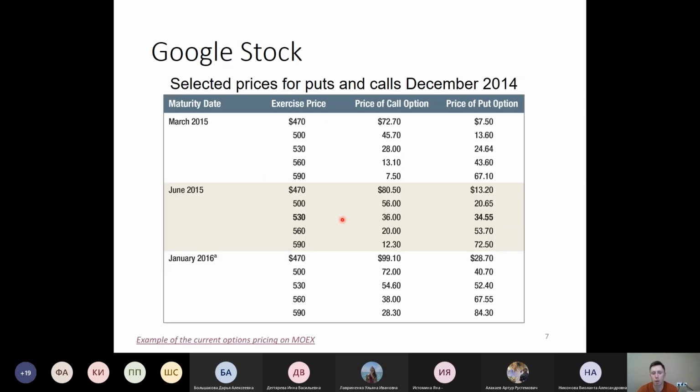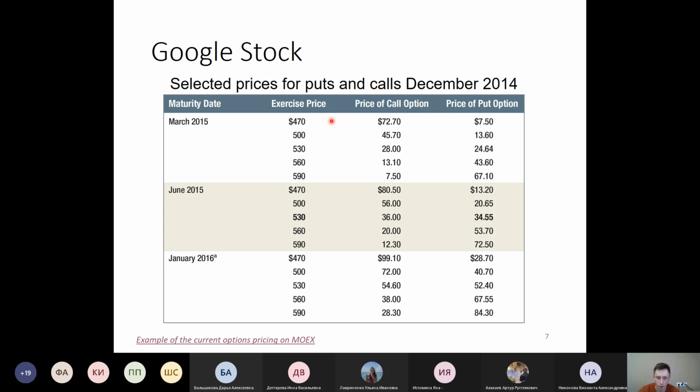Here is the example of the pricing of the options. So we have how it's organized. We have a set of options with the different exercise prices. Depending on them, there will be different value of the option.